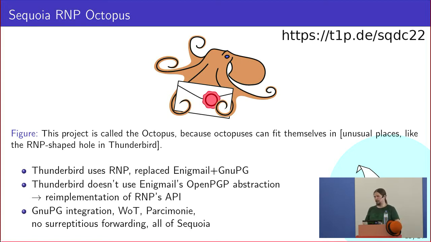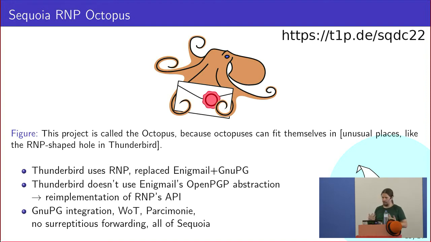And because they don't use the abstraction that's present in Enigmail, unfortunately, the only way we saw how to integrate our solution into that is to re-implement the RNP API and semantics and improve upon that. And we do that for the subset that Thunderbird actually uses.